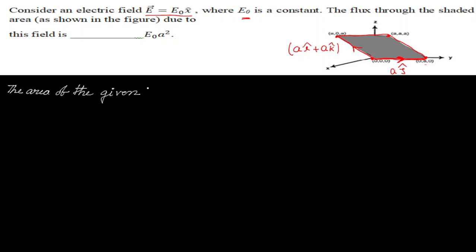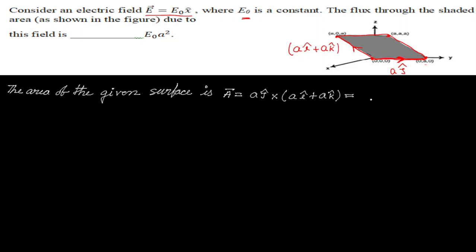The area of the given surface, A vector, is equal to A j cap cross A i cap plus A k cap.